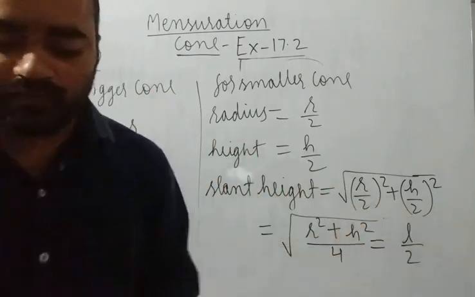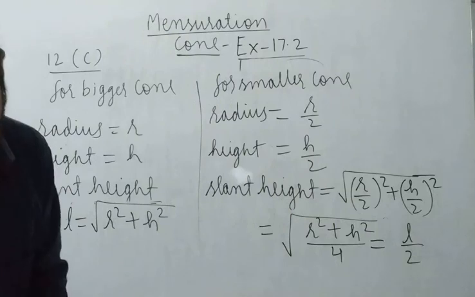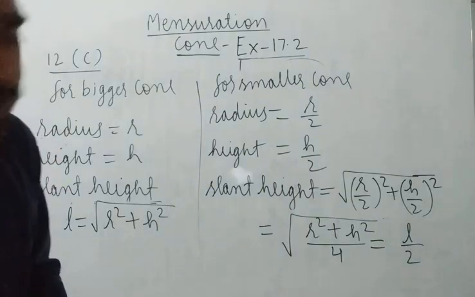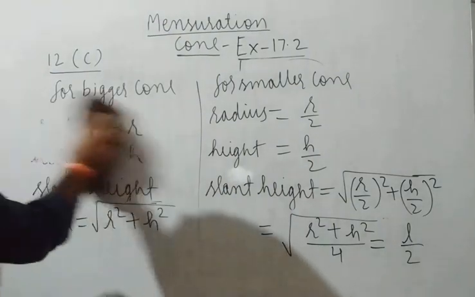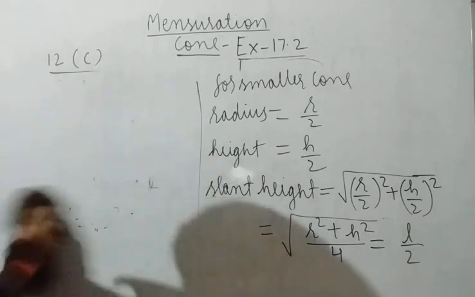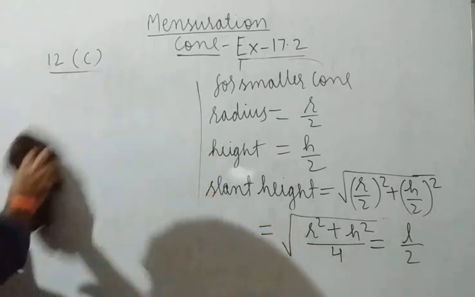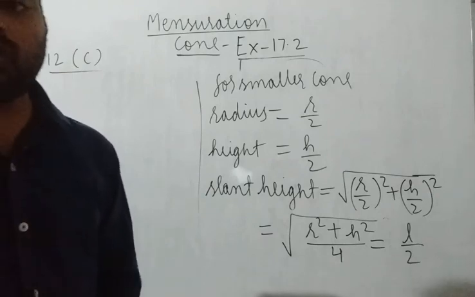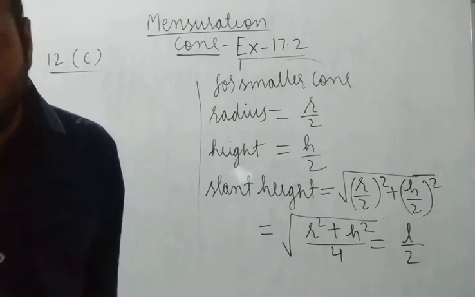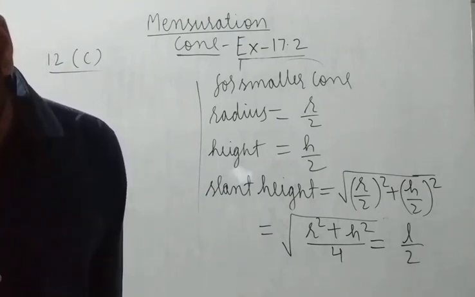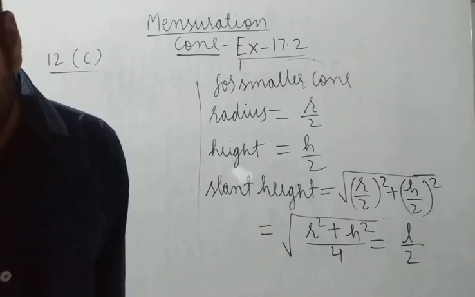Clear? Now, first part, we have to find the ratio of their volumes. So their volume means first you will read what is given first, a smaller cone or bigger cone. A smaller cone.